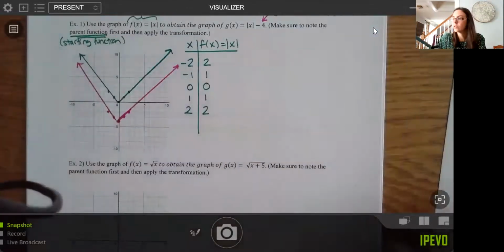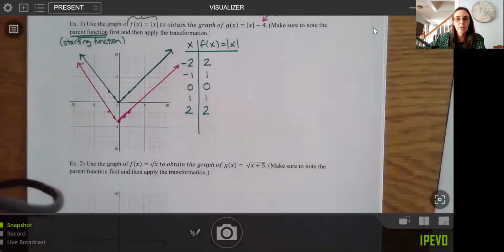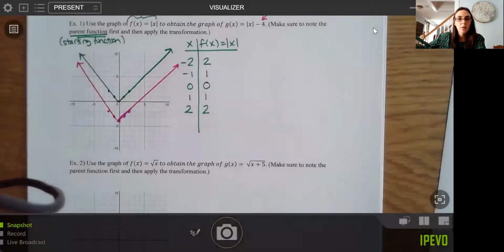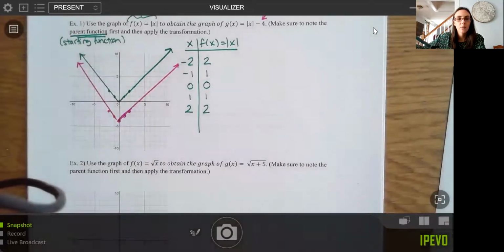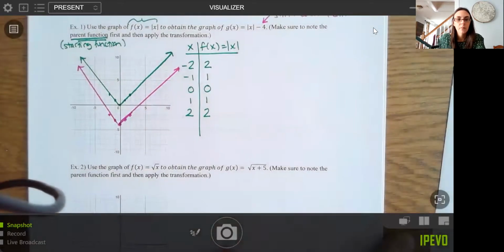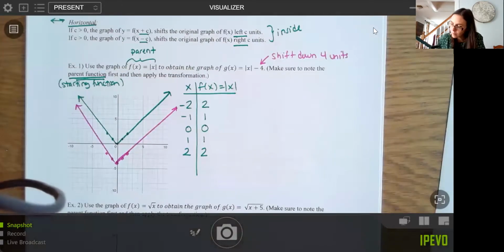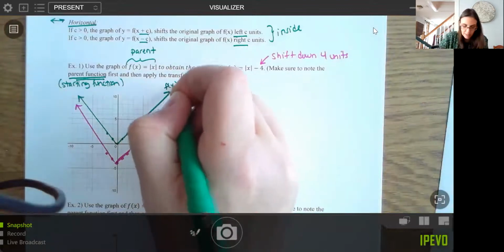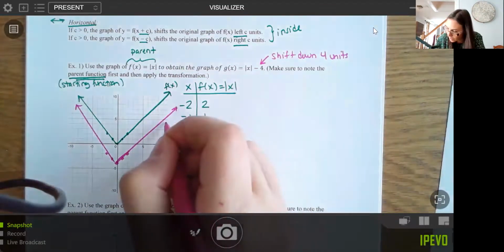And there is our transformed function. Let's see if I can brighten the screen a little bit. All right, so here is our original function, f of x, and then here is our new function, which we're calling g of x.